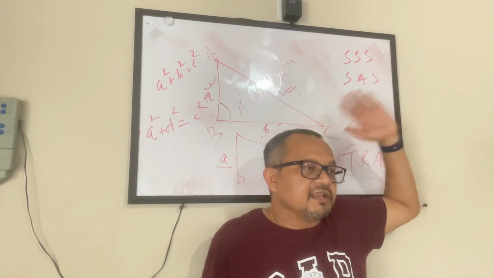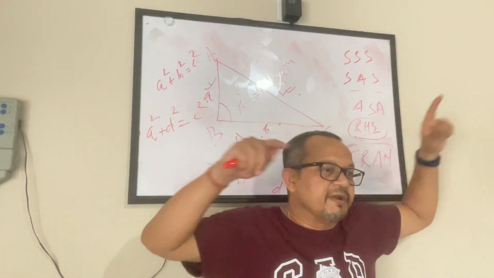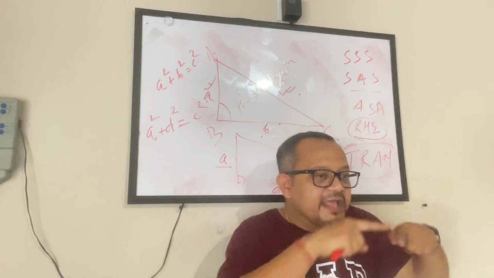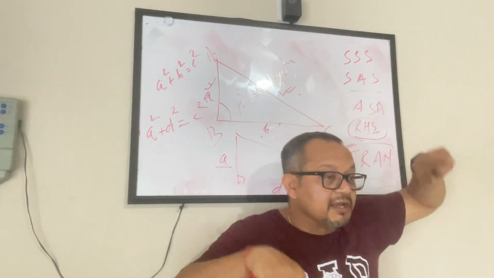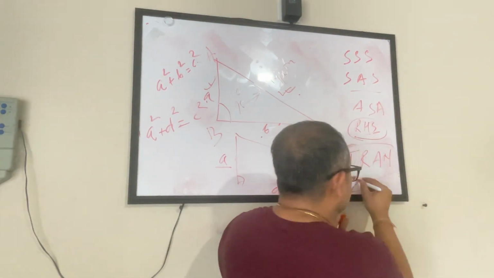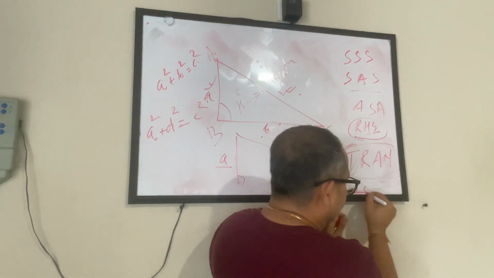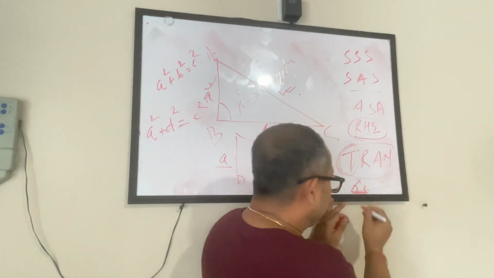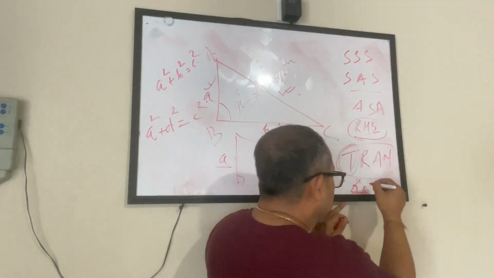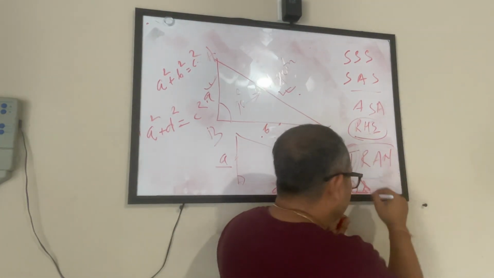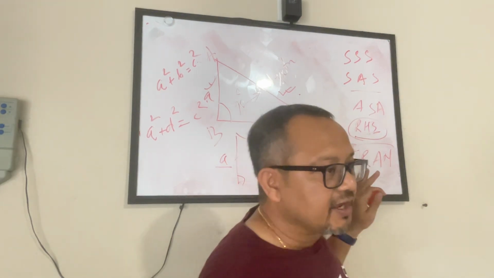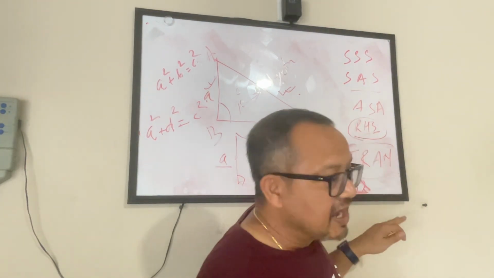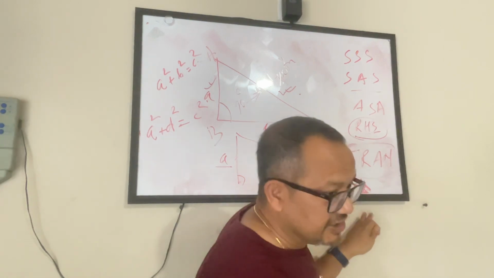ASA is a theorem which says when there are two triangles, when the two angles match and the side between them. Remember, these are two angles and the side between them. Be careful with that. If somebody says these two angles are matching and this side is matching, it might be correct. It will be correct, but that is not what the theorem says.